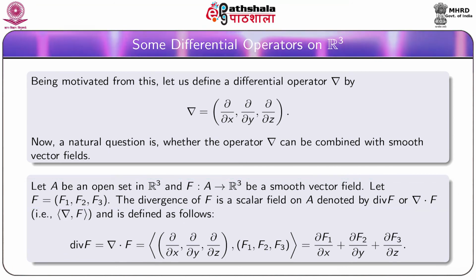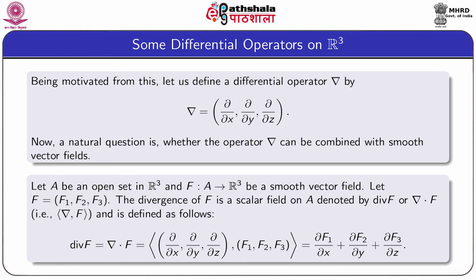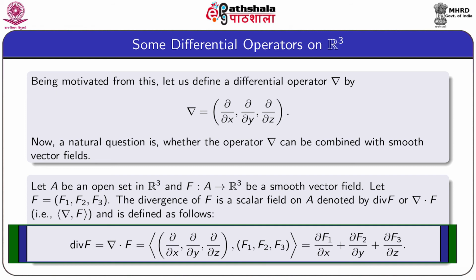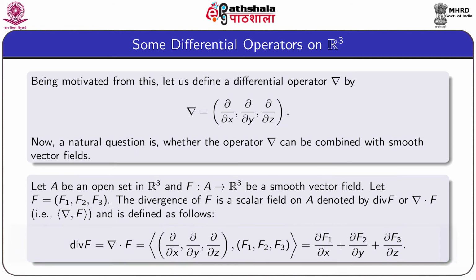The divergence of f is defined as a scalar field on A denoted by div f or nabla dot f, that is, the inner product of nabla and f, and defined as follows: divergence f equals the inner product of (del/del x, del/del y, del/del z) and (f1, f2, f3), which is del f1/del x plus del f2/del y plus del f3/del z.